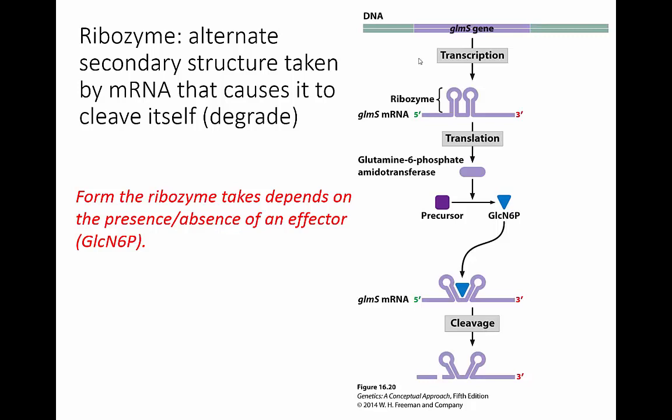So this particular gene encodes this RNA, you make this protein, glutamine 6-phosphate amidotransferase, and the product of that protein is actually a molecule shown in blue here. And this product will bind to the messenger RNA that encodes that enzyme, and when that particular effector is present, that changes the conformation of the RNA and the RNA degrades itself.